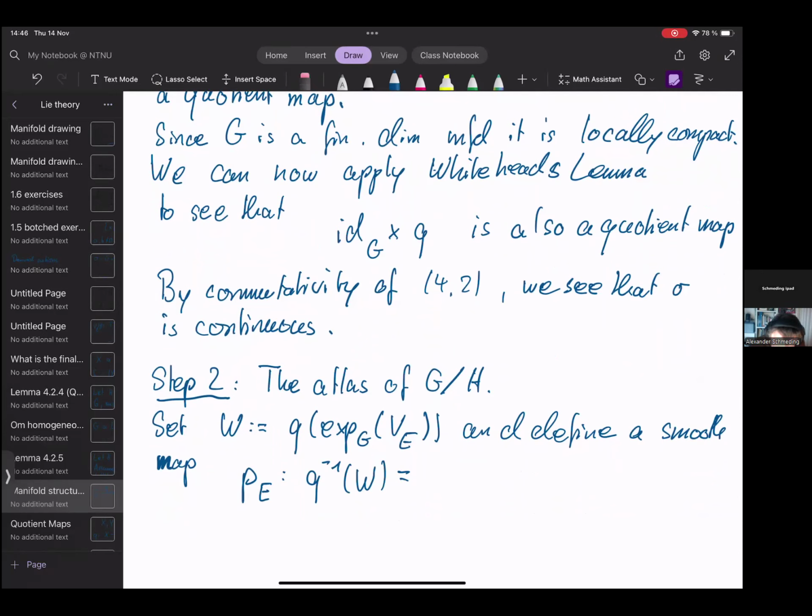What is the pre-image of W? Because W is Q of XG of VE. The pre-image of this set is XG VE, and then from the right multiplied with H. So this is exactly the domain where we have our diffeomorphism.